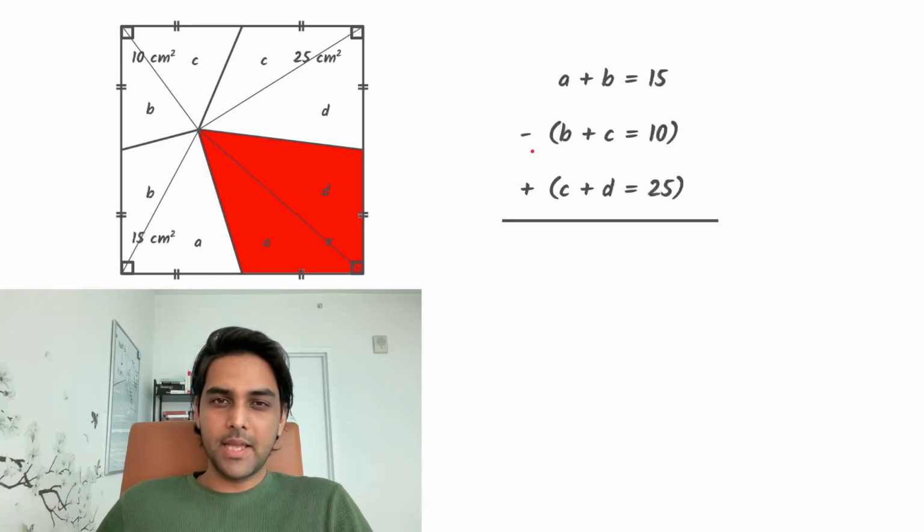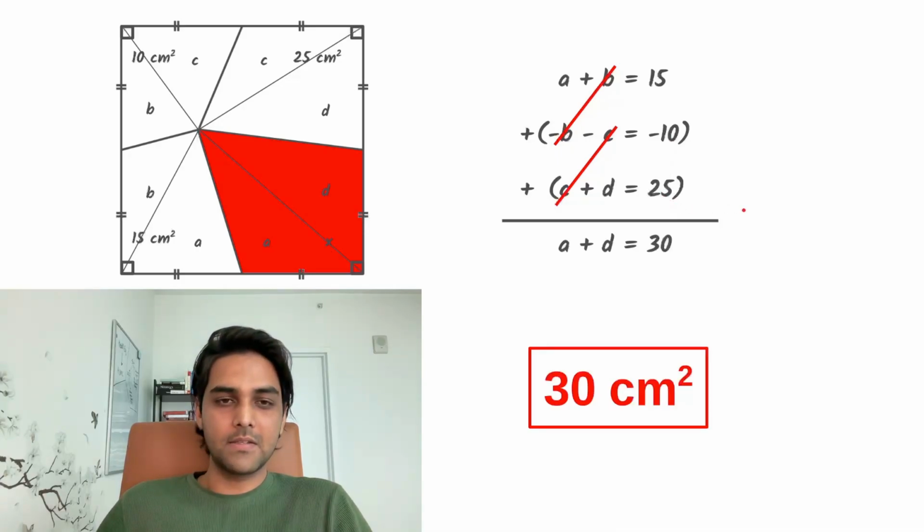We can take this negative sign inside the bracket, and instead of subtracting this equation, we can add minus B minus C equals minus 10. When we do that, this B and this negative B cancel out, and this negative C and this C also cancel out, and on the left hand side of the equation we get A plus D equals 15 minus 10 plus 25, which is 30. And that, my friends, is our answer.